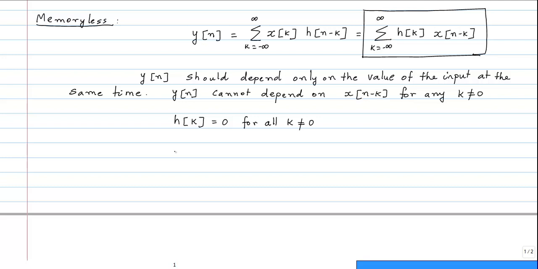So the final result is that if h of k is 0 for all k not equal to 0, or equivalently h of n is 0 for all n not equal to 0, then the system is memoryless.